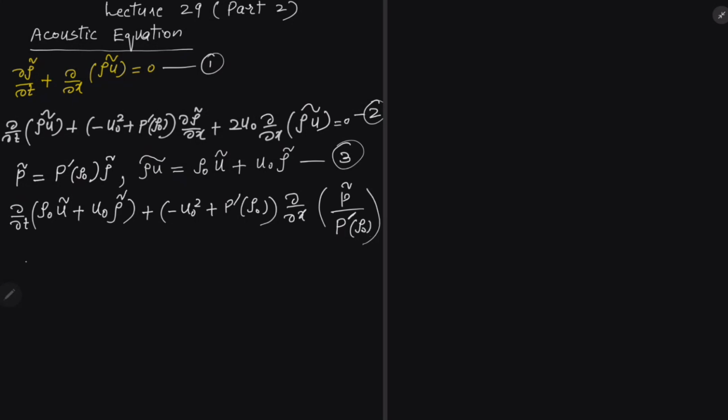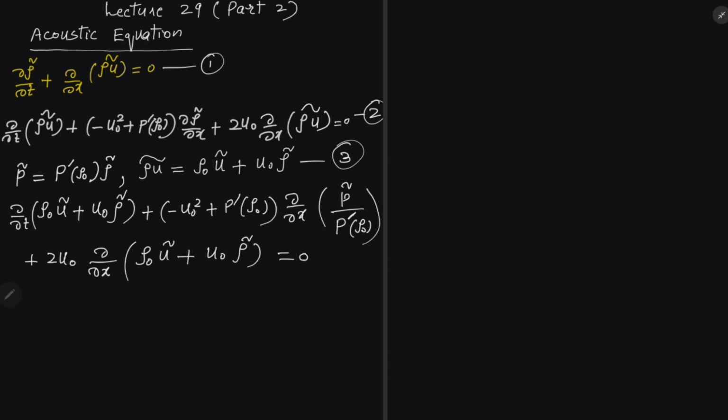The last term is 2 u naught partial by partial x of rho u tilde, which is this expression: rho naught u tilde plus u naught rho tilde, and this is equal to 0.